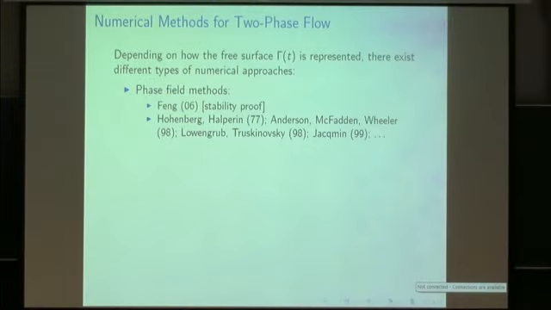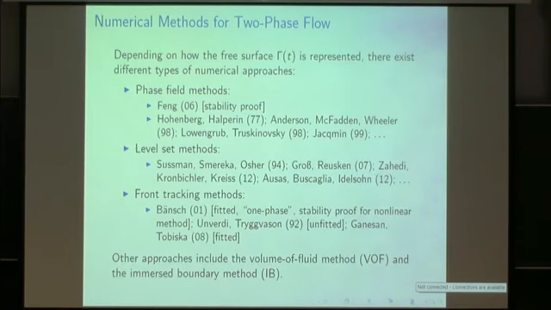Right. So whenever you want to numerically approximate a moving interface problem, you have to decide how you represent the interface, and the same holds true for two-phase flow. The three main methods are phase field methods, level set, and front tracking methods. For phase field methods, you don't represent the interface explicitly.